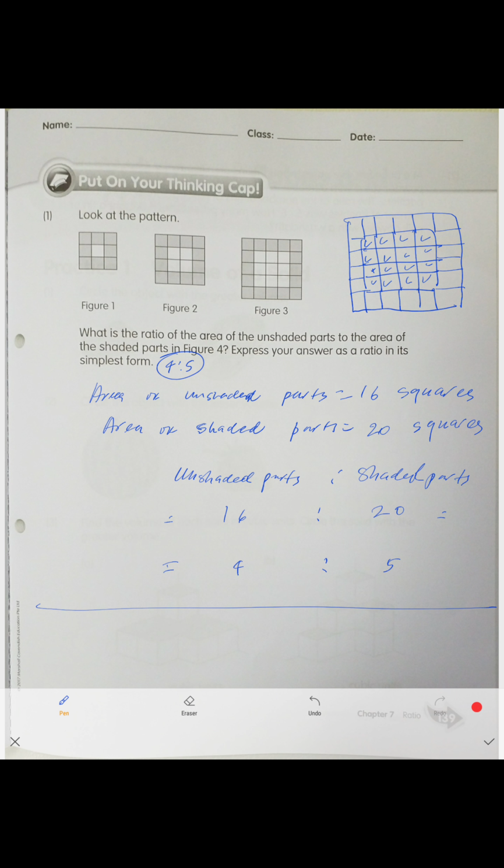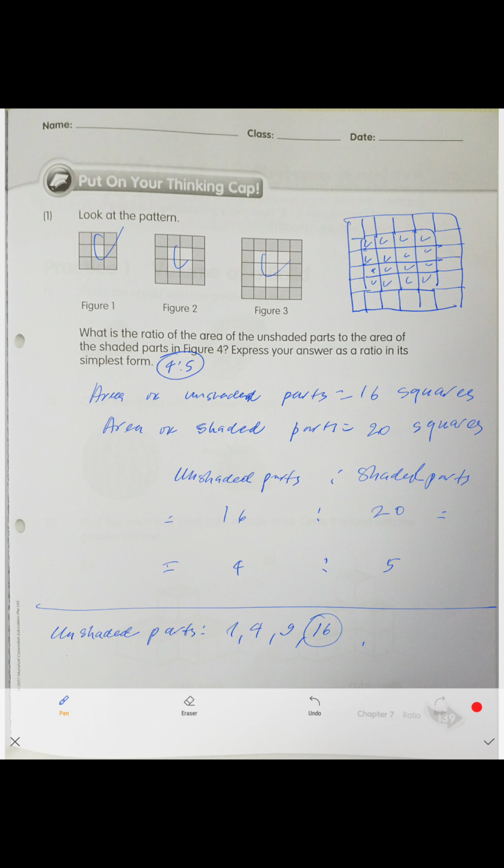Or alternatively, you don't need to draw anything, you just need to understand the mathematical pattern. So your unshaded parts, look at the picture: you have 1, and then 2 by 2, 4, and then 3 by 3, 9, and then 4 by 4 is going to be 16.